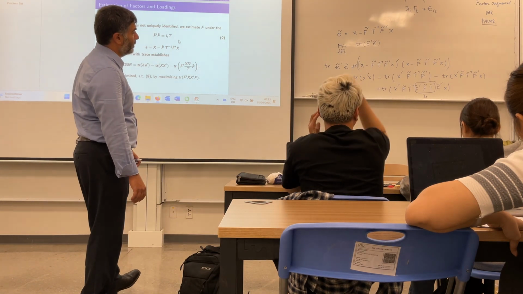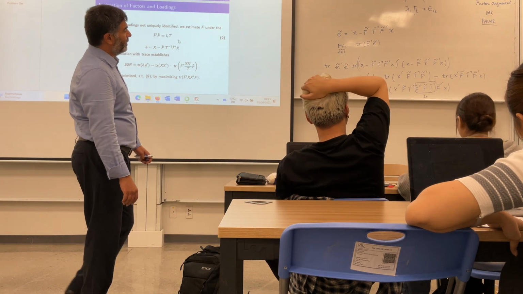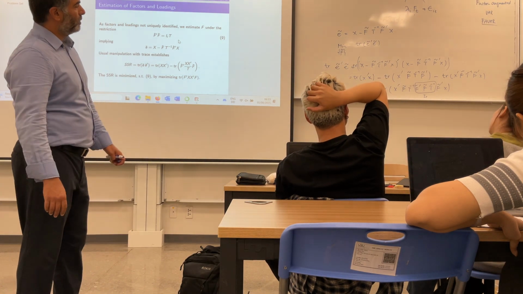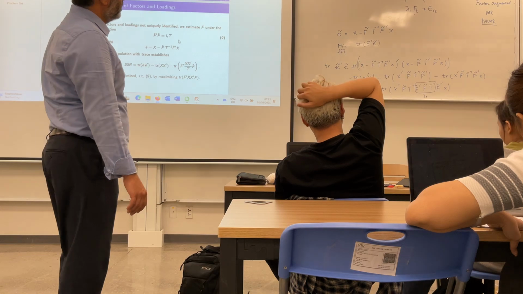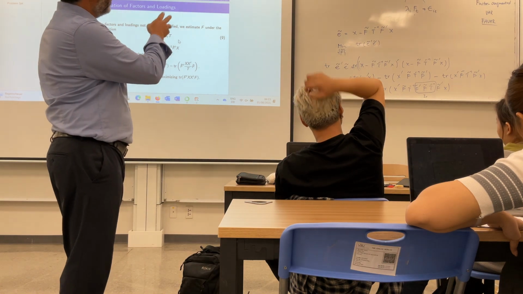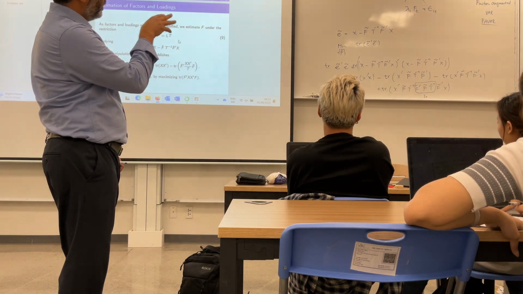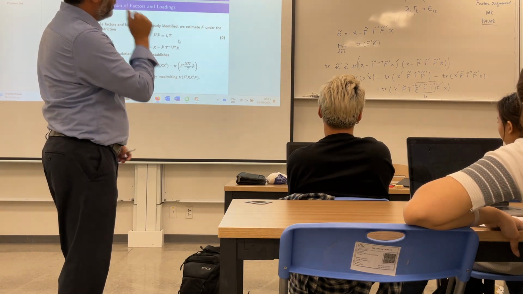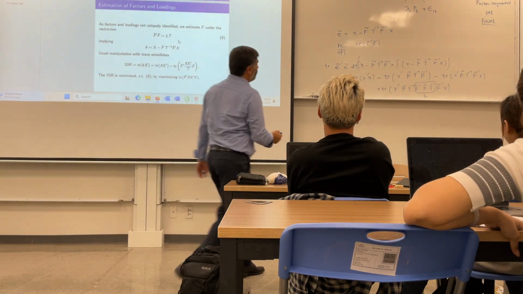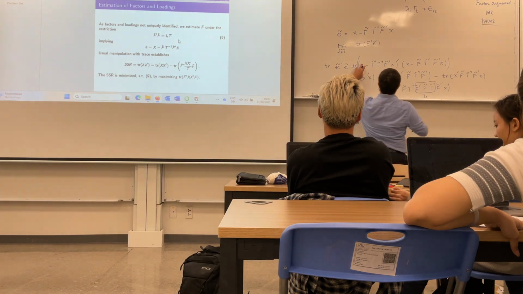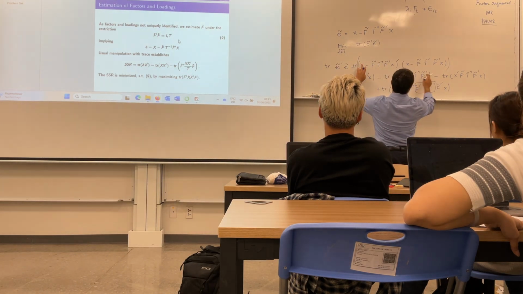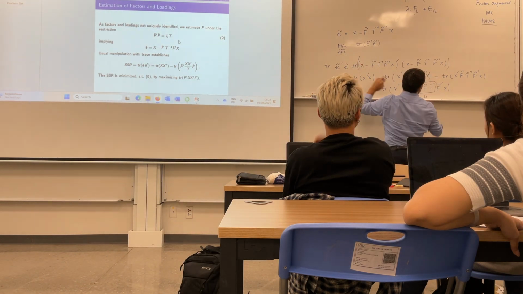Exactly. So let's simplify it. So x prime x, that's the first, and then x prime f, well, there is an x here. So here we have x prime x, and x prime, I forgot the x.